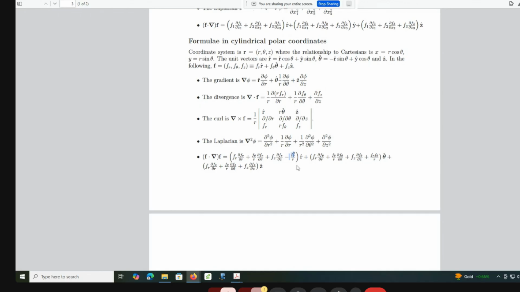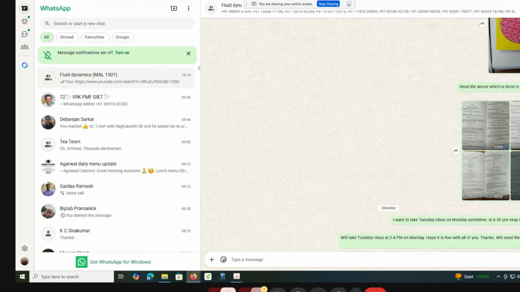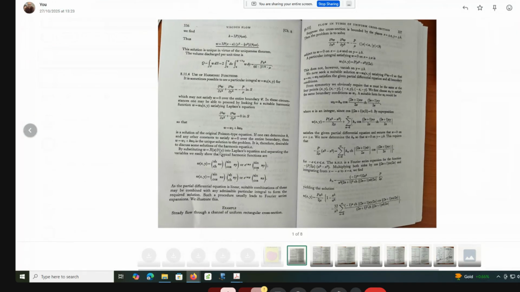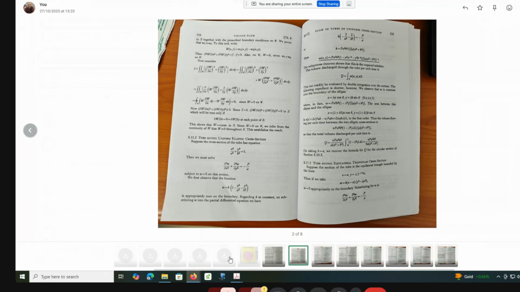It's a little bit of work you have to do. So we are completely avoiding this and trying to use the textbook. What the textbook says, I'll open what I shared. For example, here, you look at this one that we have done.